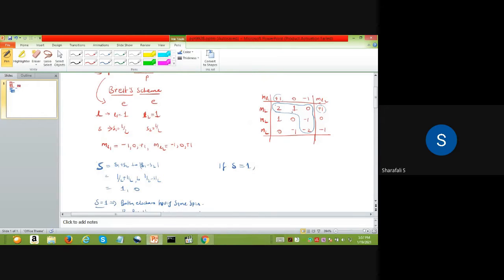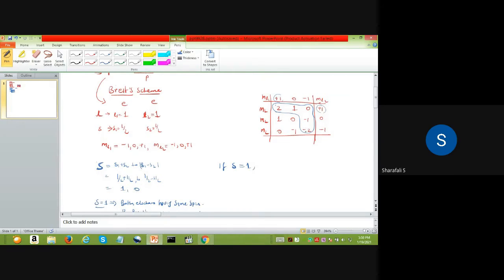Similarly, if you consider this one, first electron ML1 value is 0, second electron ML value is +1, so it is not a problem. And here also, first electron is having -1. If you take this one, first electron is having -1 as its ML value, second electron is +1, so they are different. That is also possible.